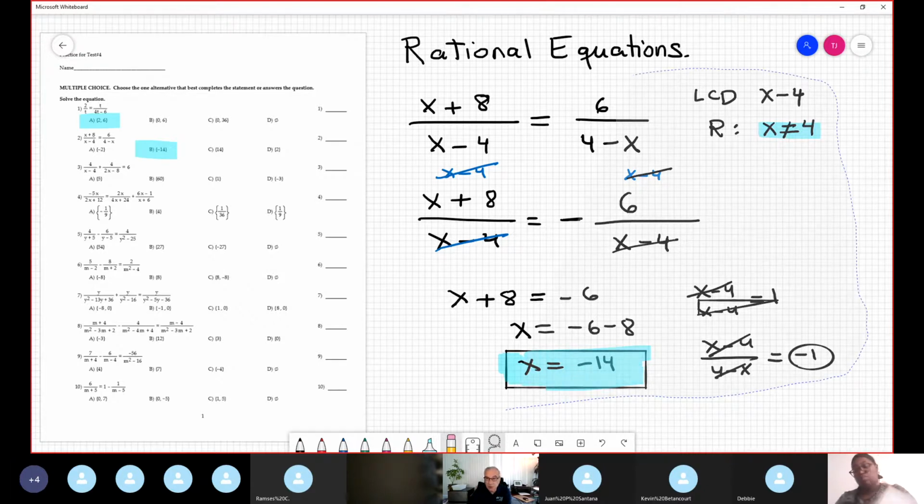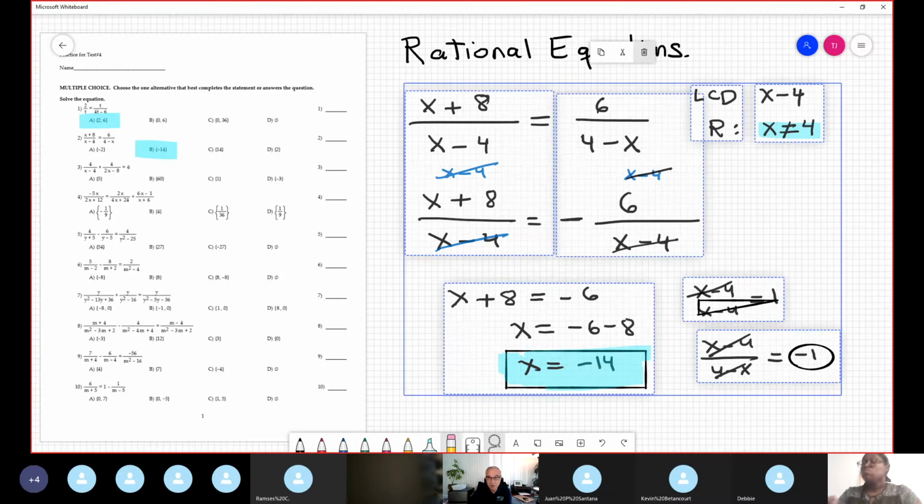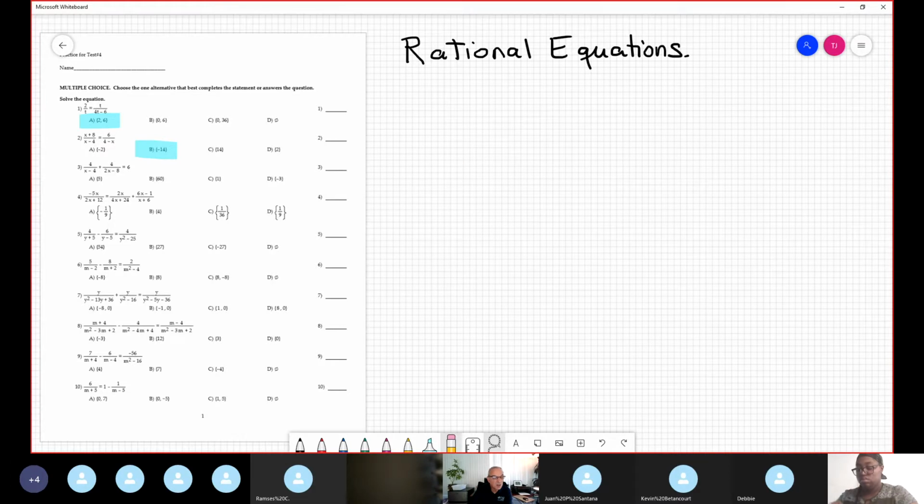There's only one denominator here, but when you have several denominators, like in this example, let me show you. Example 3 is 4 divided by (x - 4) plus 4 divided by (2x - 8) equals 6.